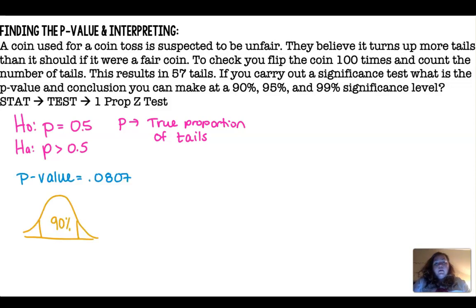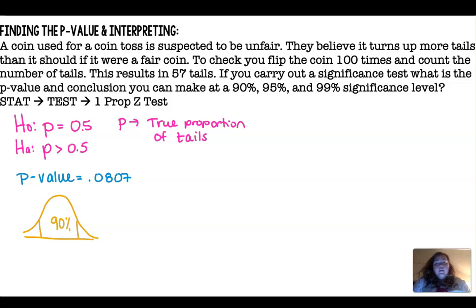If I use my calculator and do a one proportion z-test, which I'll walk you through, you end up with a p-value of 0.0807. Now I need to determine, is this significant? What kind of conclusion would I make at a 90, 95, and 99% significance level?